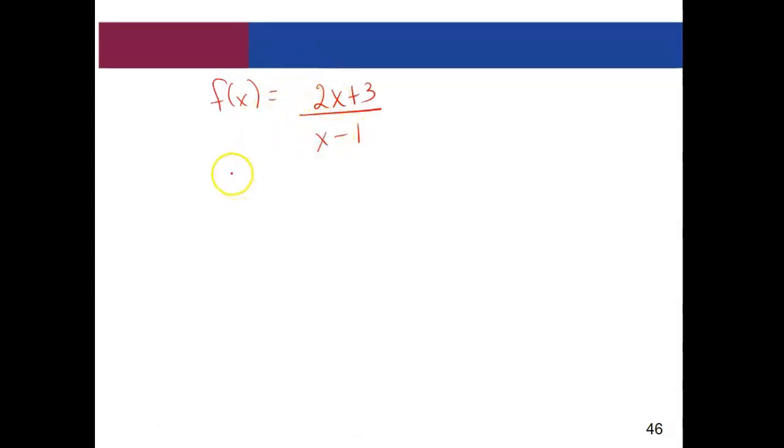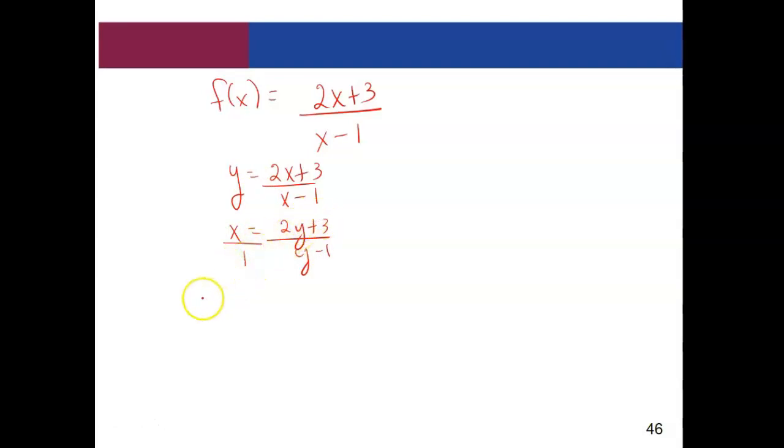So first thing we want to replace this. Switch your x's and your y's. Okay, we want to cross multiply.